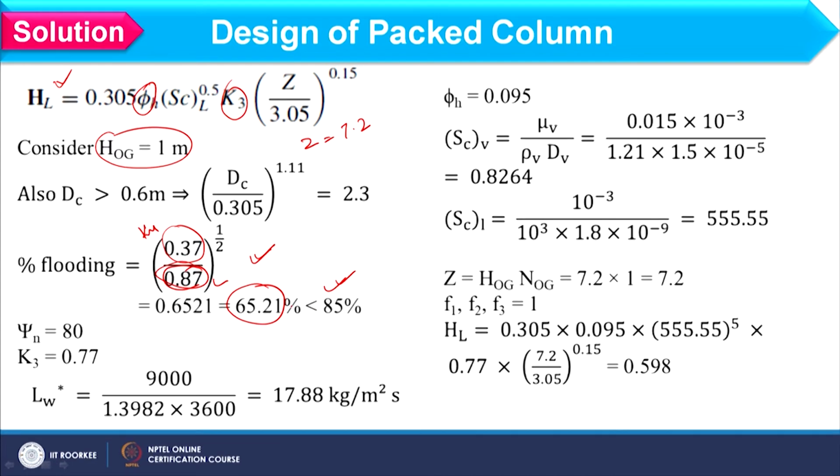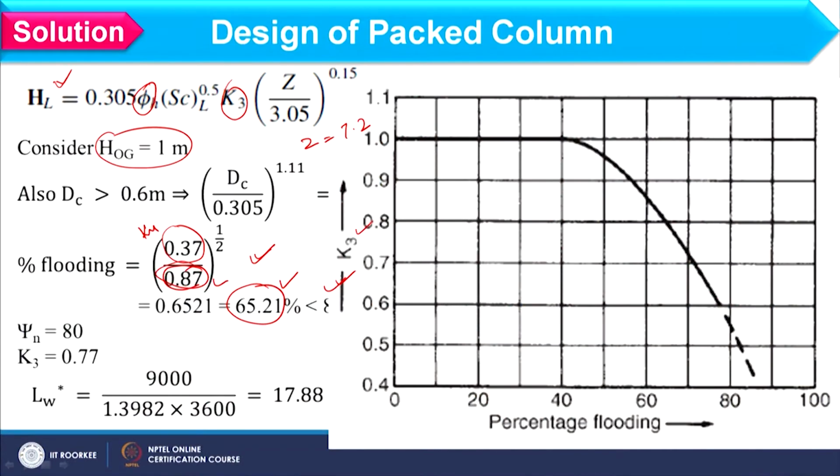Now, at this 65%, we have to find the values of psi h, K3 and phi h, and for that we can consider graphs like this. Here we can read the value of K3 corresponding to 65% flooding condition. That should be somewhere here, and if you read the value properly, it comes out as 0.77.